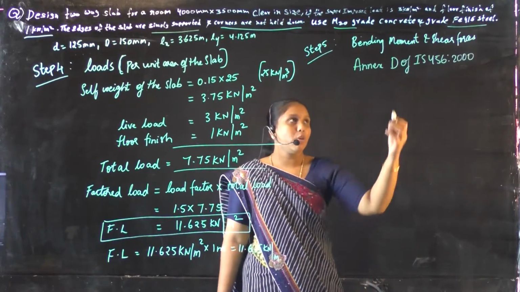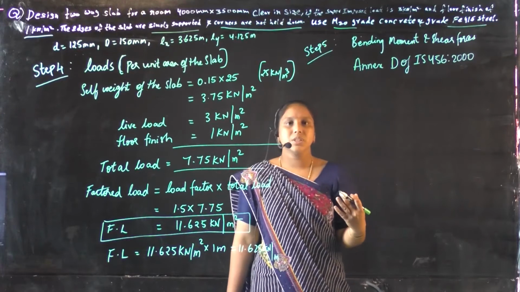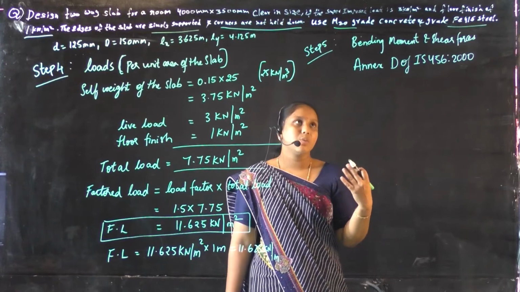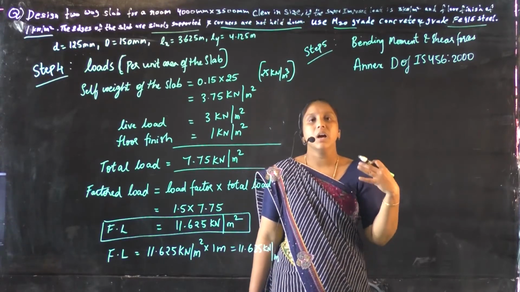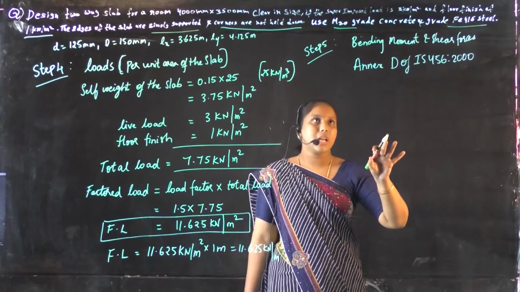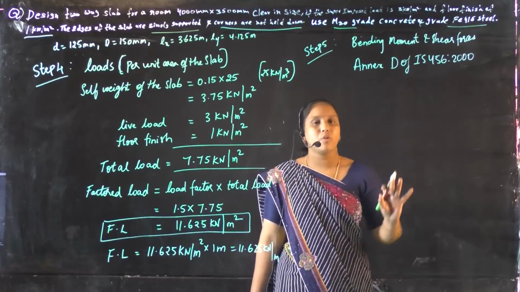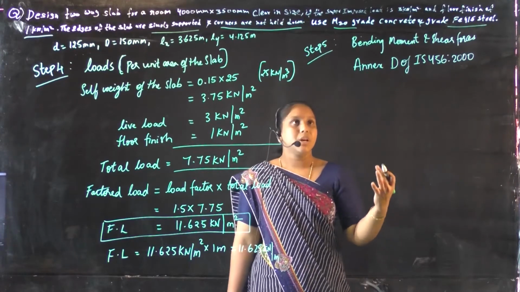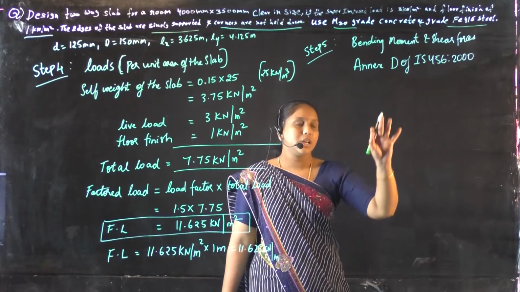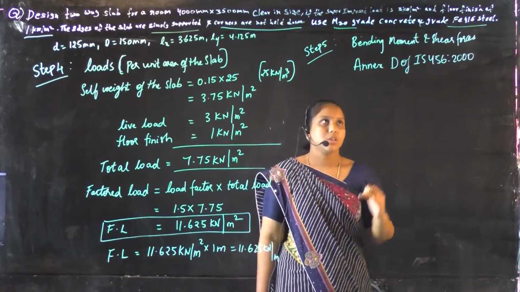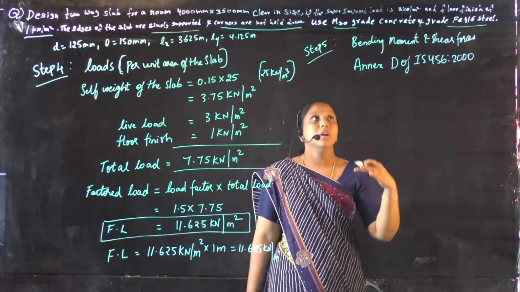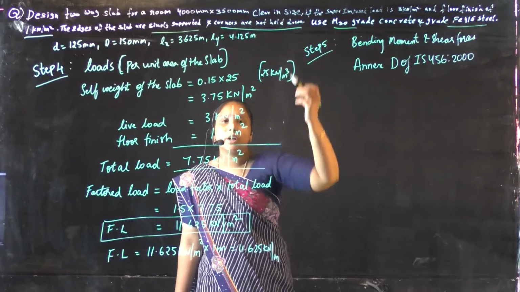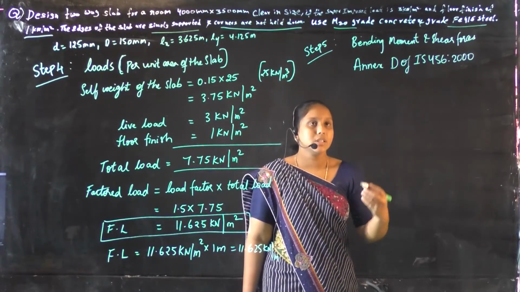In Annexure D of IS 456-2000, the equations for calculating the bending moments in the shorter span as well as the longer span are given, and for the design of two-way slabs we are going to follow this Annexure D, where the bending moment coefficients are also given.